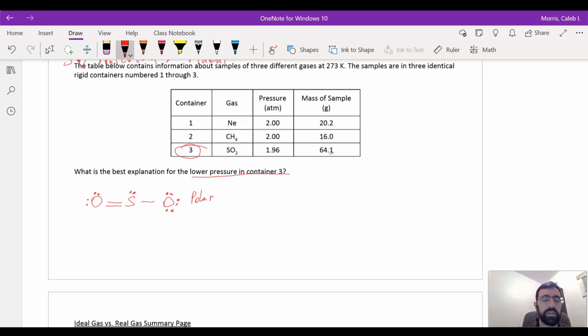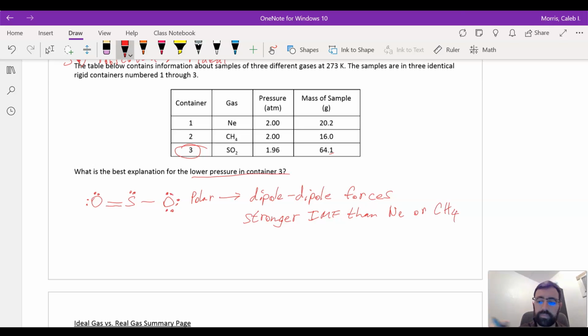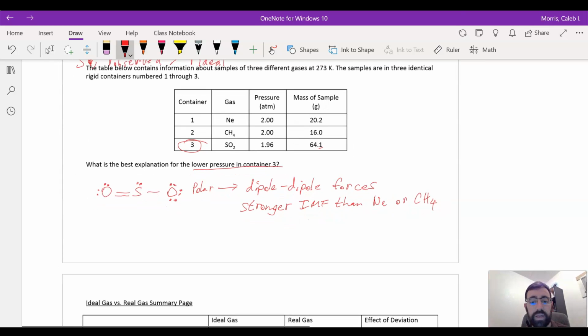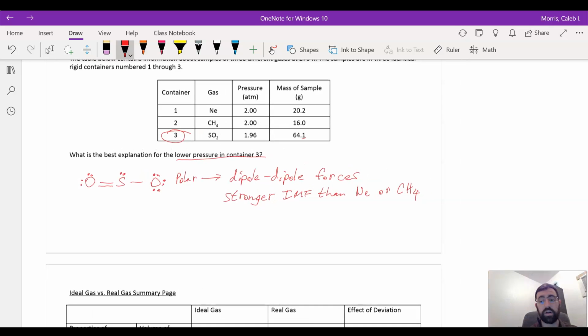Since it's a polar molecule, that means it has dipole-dipole forces. It has stronger IMF than Ne or CH4. And because of that, you have stronger IMF.